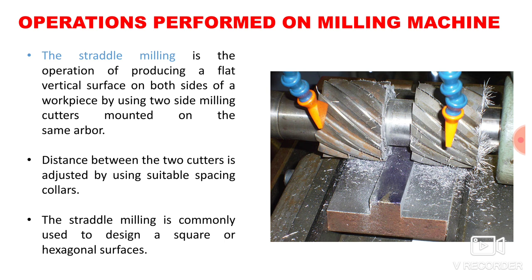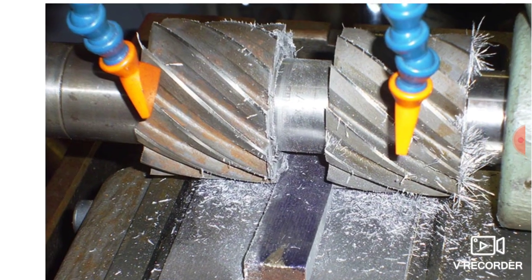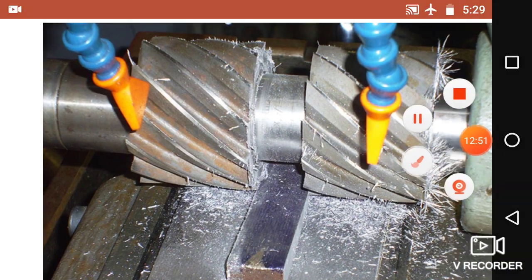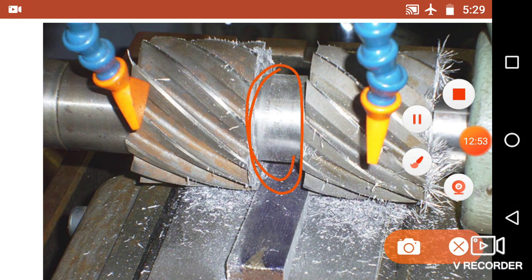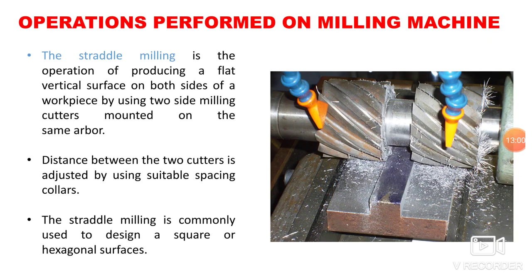The distance between the cutters is adjusted by using a suitable spacing collar. Here you can place the collar and adjust the spacing between the cutters. Straddle milling is commonly used to design a square or hexagonal surface, so with this you can produce a square or hexagonal surface over the surface of the workpiece.